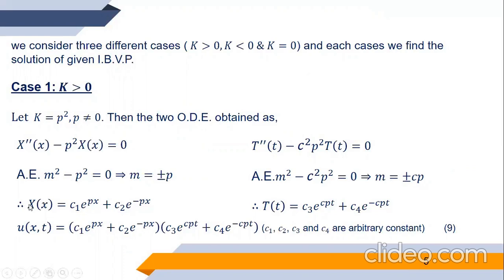So X(x) is real and different case here also. So X(x) is c1 e^(px) plus c2 e^(-px), and c3 e^(cpt) plus c4 e^(-cpt) is equal to T(t). Therefore the general solution for the case k greater than 0, we get equation number 9, where all constants c1, c2, c3 are arbitrary.